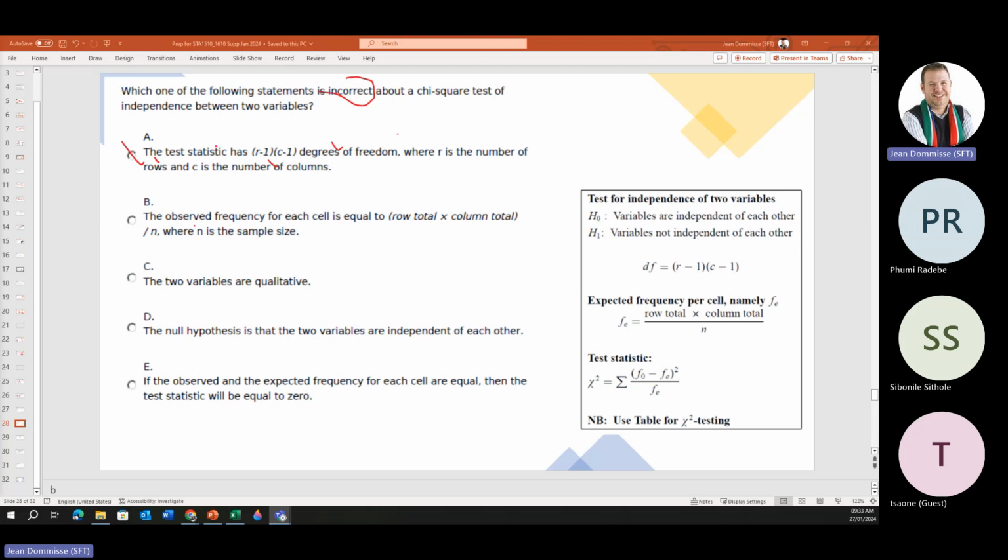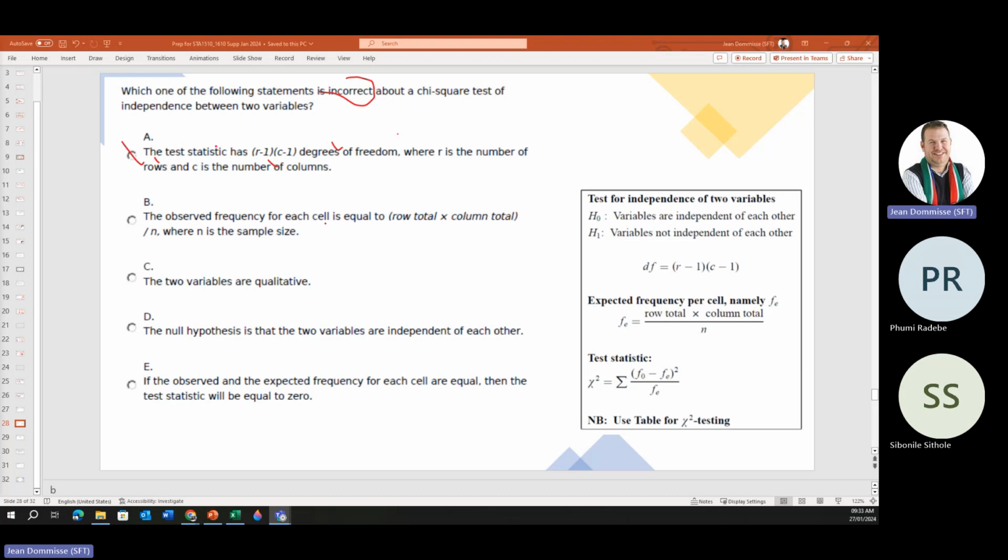The observed frequency for each cell is equal to row total times column total divided by n, where n is the sample size. That is how we actually work out expected, not observed. Observed is just the number that you have observed. So this is the incorrect one, because it's the expected value that we work out with this.